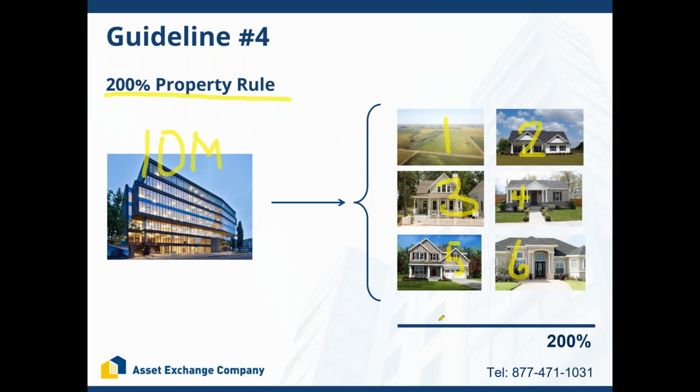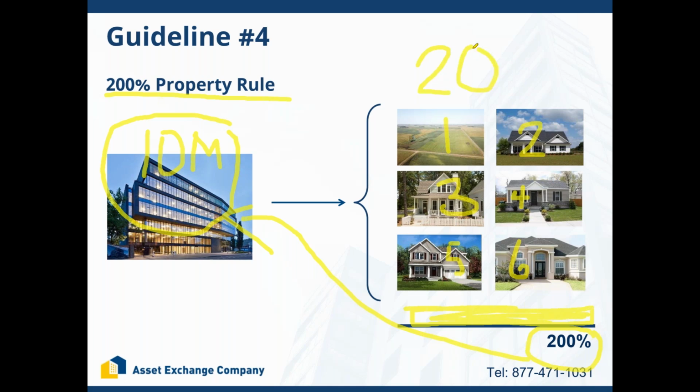However, we do have a limit on the value of all this real estate. Okay? Using the 200% rule, we cannot identify more than 200% of the value of what we sold. Now, because we sold a $10 million property, that's going to get us a lot of real estate to identify. That's going to get us $20 million worth of property to identify.